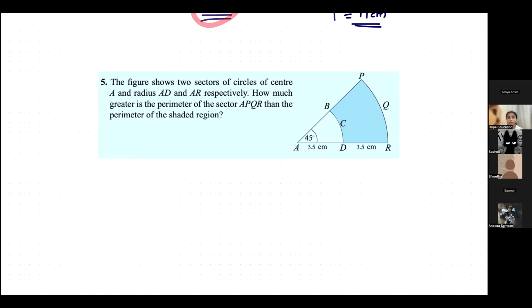Let's see, what do we have here? The figure shows 2 sectors of circles of center A. This is a sector with center A, and if you take the bigger sector, this is also a sector with center A. So the small sector and the big sector both have the center A, and radius AD and AR respectively.